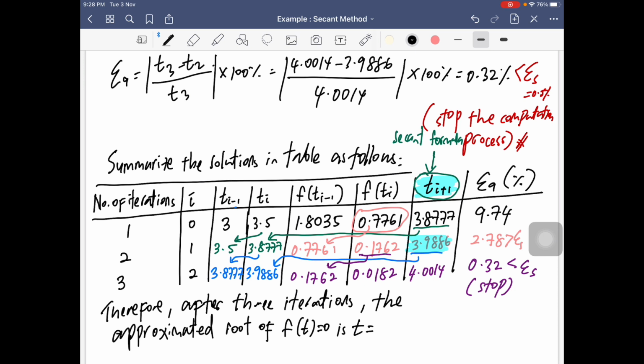So t equal to, sorry, this should be your solution, it's my mistake. All right, t equal to 4.0014 with approximate percent error equal to 0.32%. Okay, then that completes our solution.